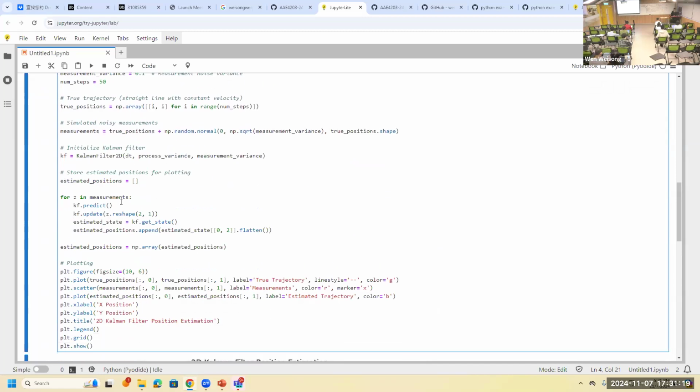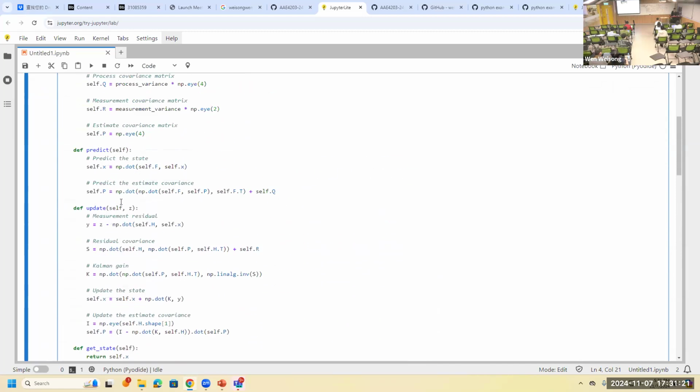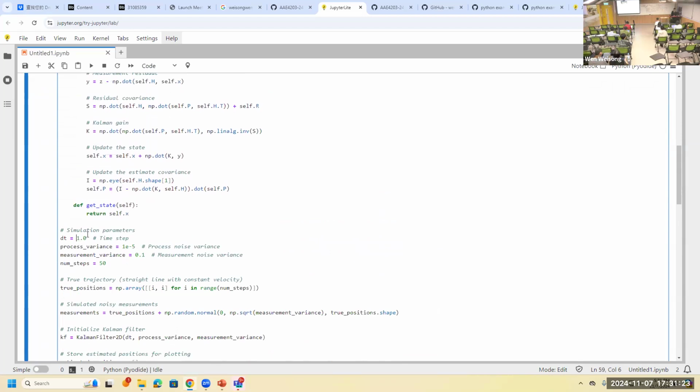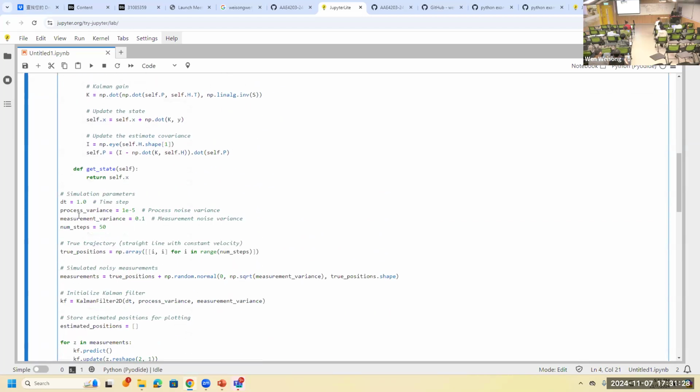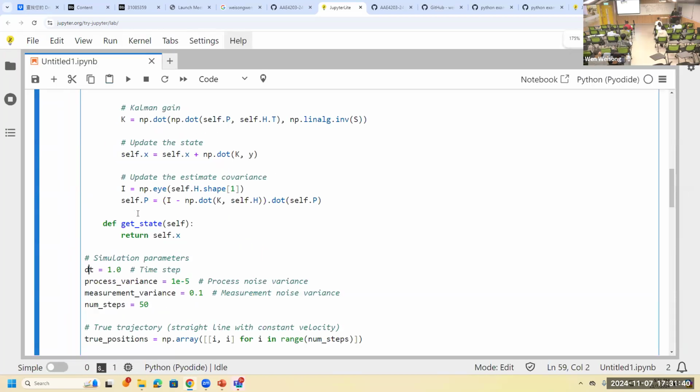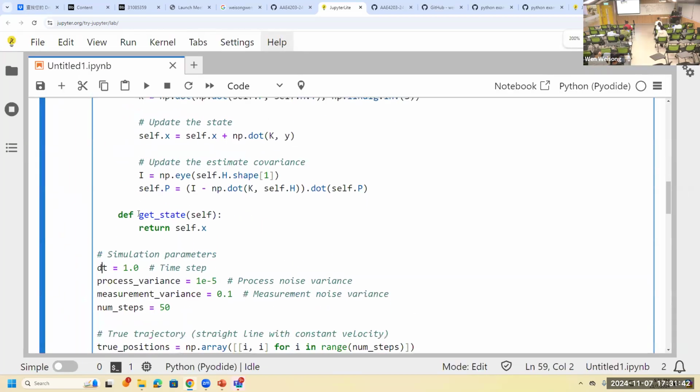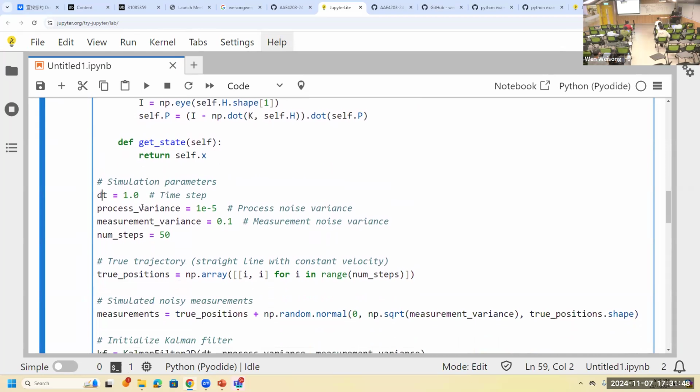We need to look into the first line of this function. The first line is dt. The dt means the time difference, corresponding to the delta t here.